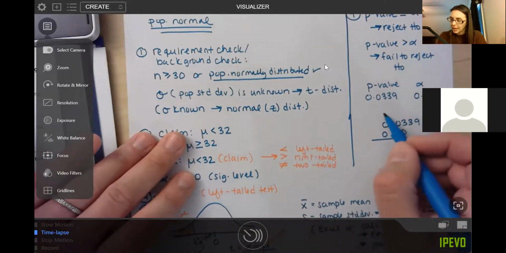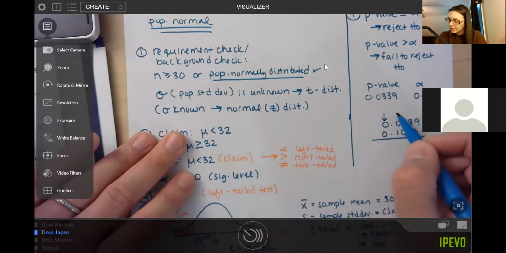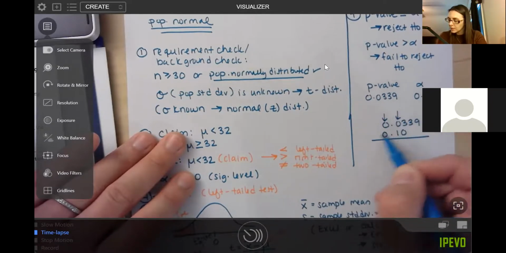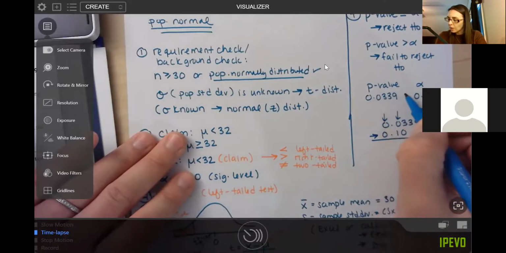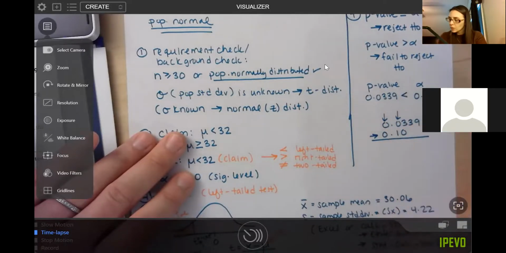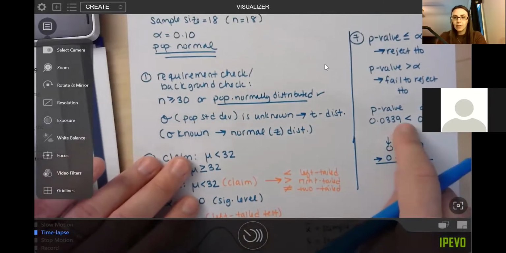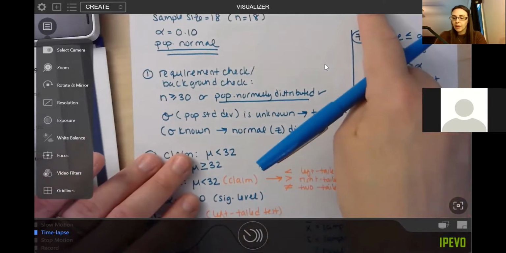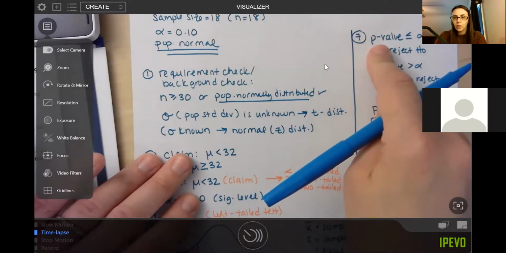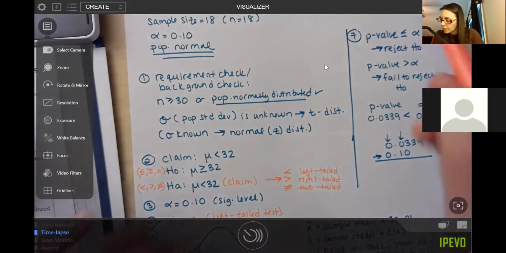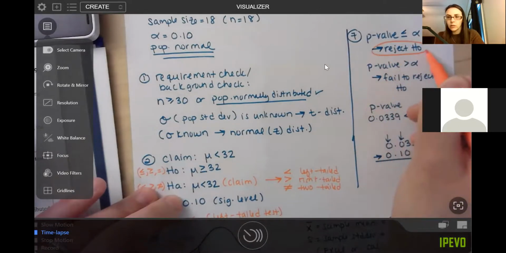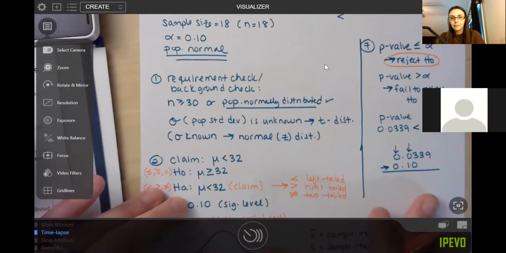So these are both the same, but on the next column, I see the 1 is bigger than 0, so this is the bigger one. So 0.03 is smaller than 0.10. So if our p-value is smaller, we're going to go ahead and reject the null hypothesis. So for this particular problem, we're going to reject the null hypothesis.